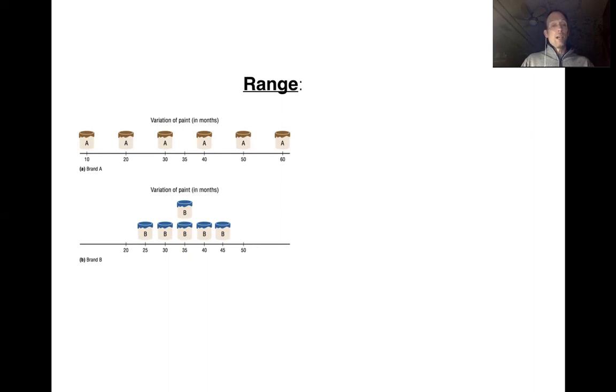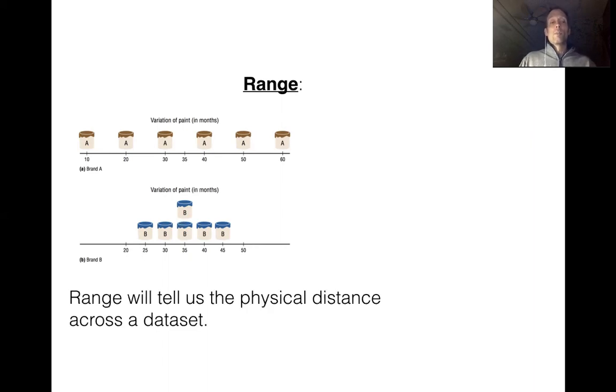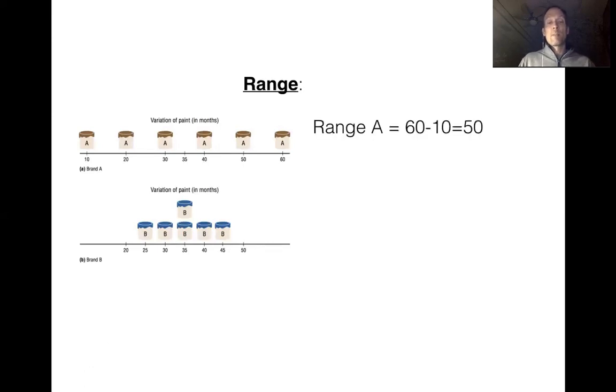So let's see how that works. The range is going to help us by calculating the maximum minus the minimum number in each data set. So if we look at the range of A, the maximum dry time was 60 hours, the minimum dry time was 10 hours. So that makes the range 50 hours. Range for B is going to be 20 hours.